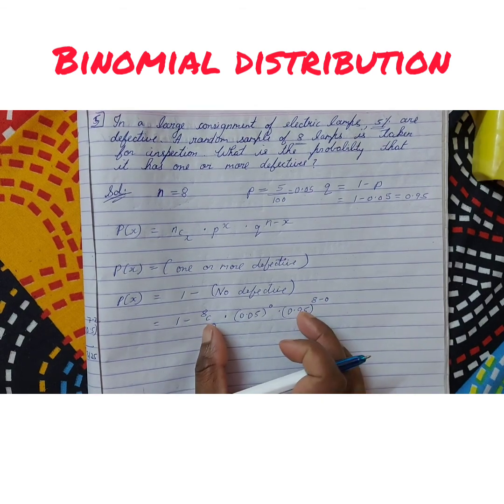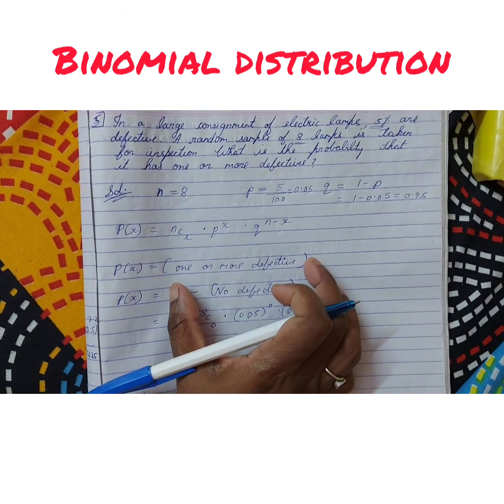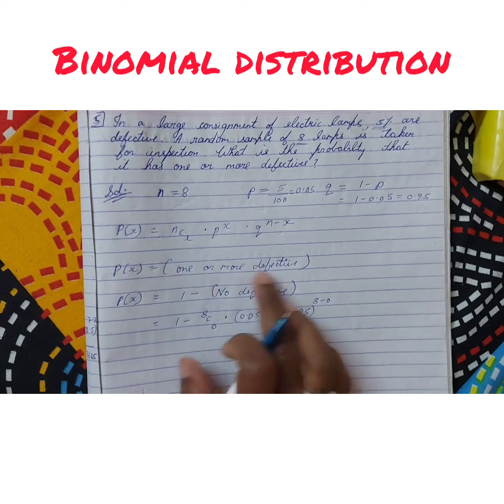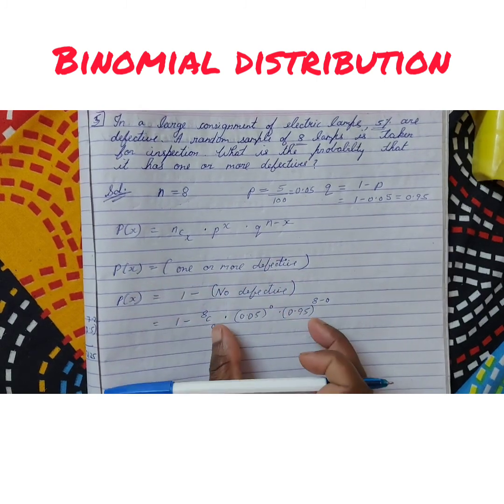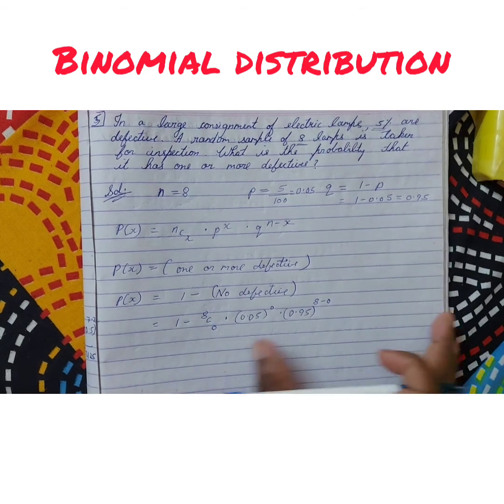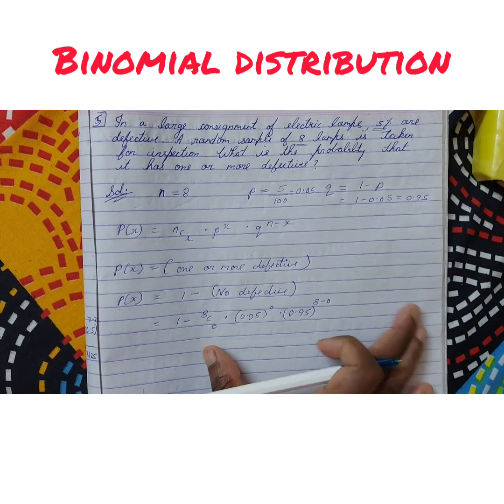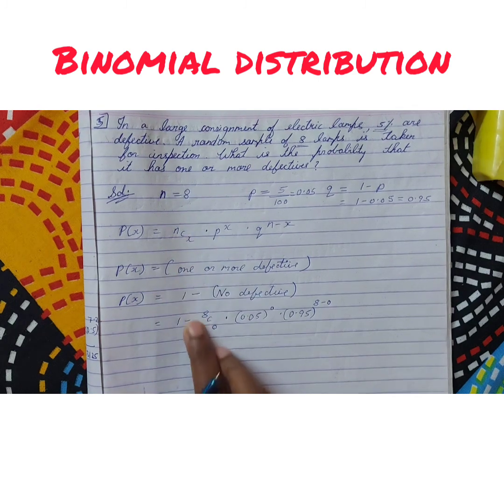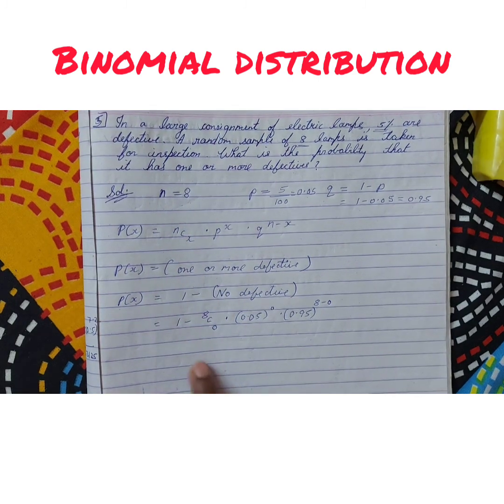Only this we have to solve now. If you solve from 1 to 8, we have to solve this individually, first x value as 1, then 2, then 3, then 4. It will become very lengthy. So when n value is big and it is lengthy, we have to follow the complement method.